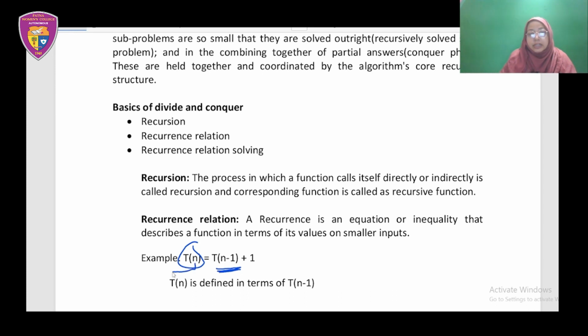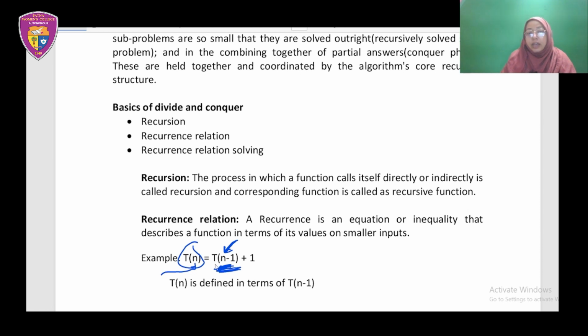So suppose n is the number of inputs, here T is called for a number which is less than n. So when the function calls itself, this is calling the function T itself, but for a smaller input size.